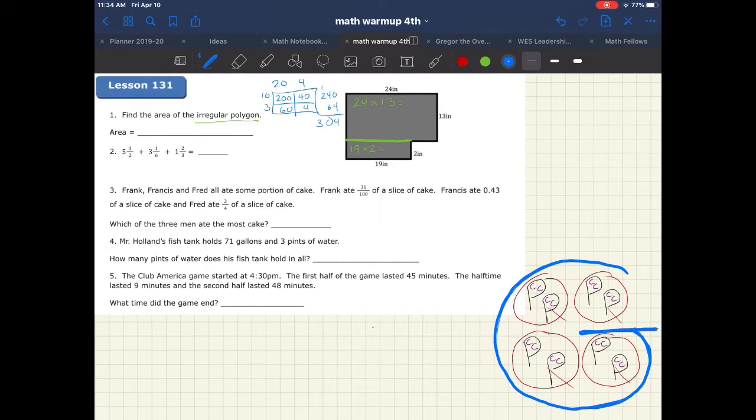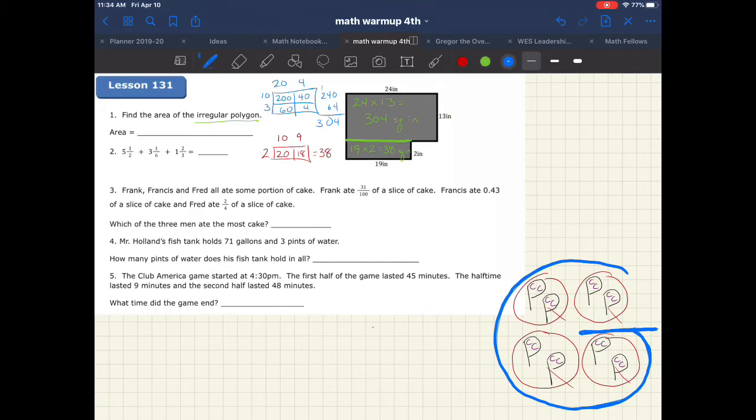And my other one, 19 times 2, I've got 20 and 18, that gives me 38. So the area of the top one is 304 square inches, and this bottom rectangle is 38 square inches.